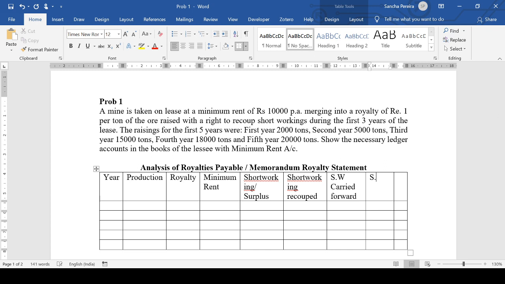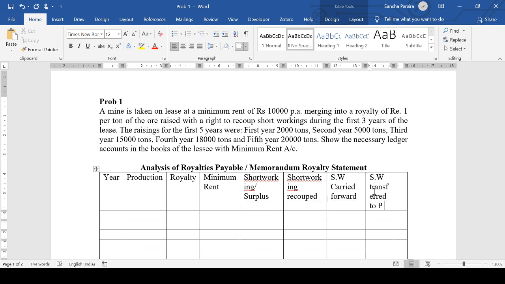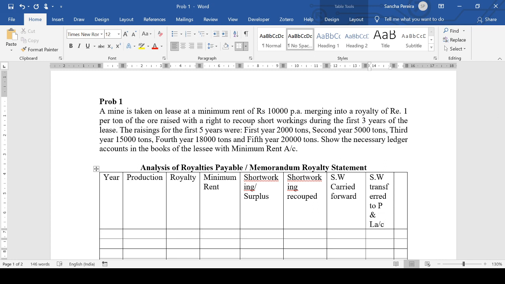Then we have short working transferred to P and L account. Those short workings that cannot be recouped have to be transferred to P and L account.